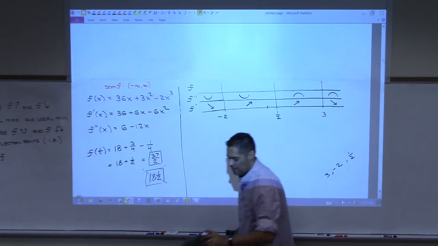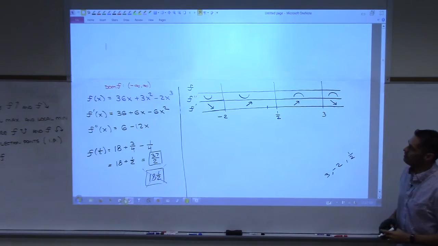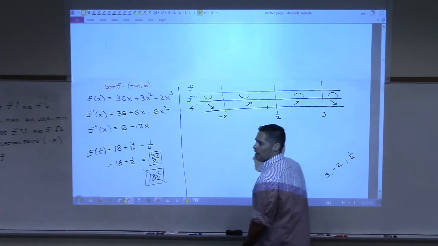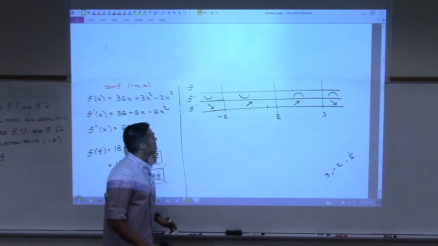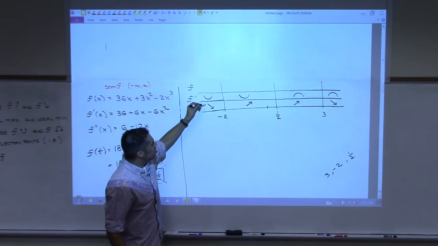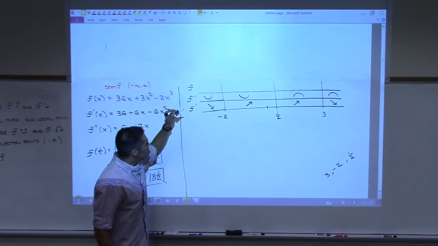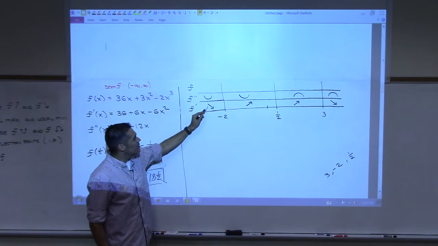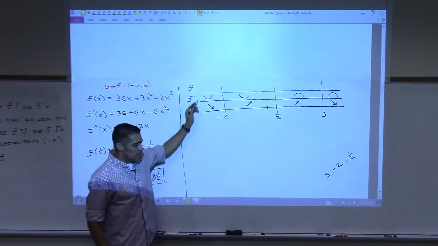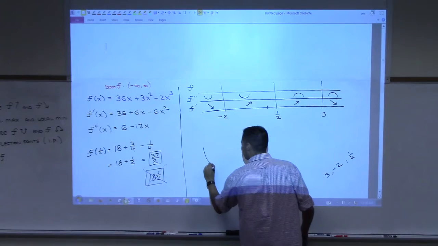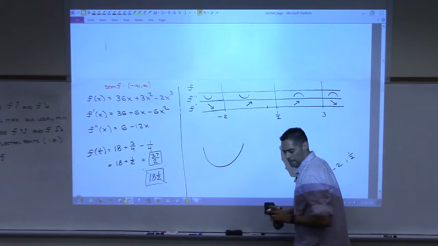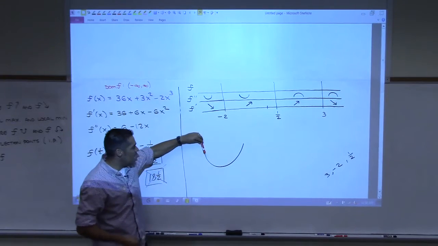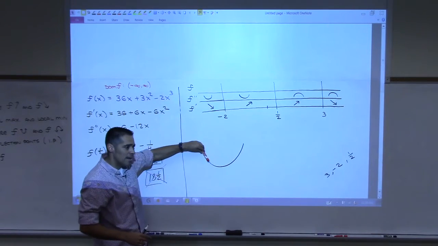Now, the original function. I need to fill in this, this, this, and this, right? I have 4 pieces to fill in. So let's talk about this combination of these two things happening. What would my picture have to look like if I was going down but also smiling? I know it has to smile. On the left half, moving from left to right, I'm going down, down, down.